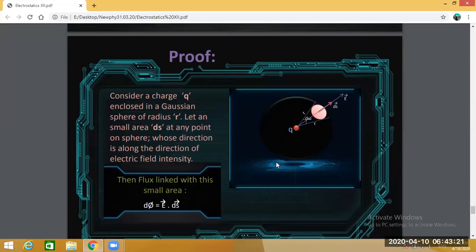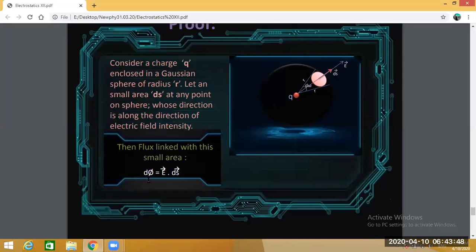And hence the electric flux linked with this small area, d phi, is given as vector E dot vector ds. E is electric field and ds is the elementary area vector. E is the electric field at this location only, at distance r. So this is the electric flux linked with this small area.